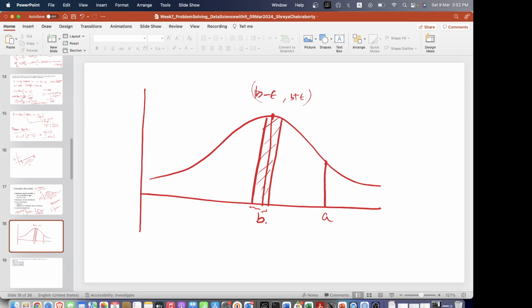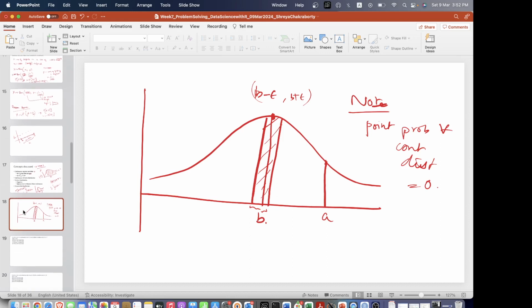But at any particular position, the point probability is always 0. So this is one point to remember: point probabilities for all continuous distributions are equal to 0, because there is no area that we can calculate.